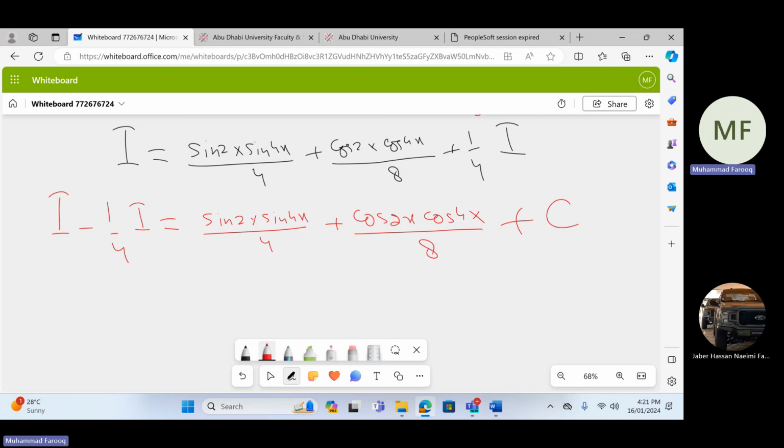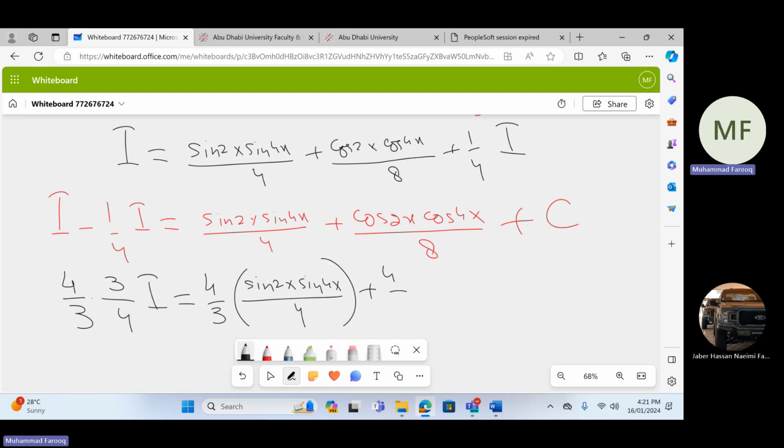Okay, please, how much? 1 minus 1 by 4? 3 by 4. It's 3 over 4 I. Am I right, please? I need only I. What should I do? Multiply both sides by 4, divide by 3. So I need here 4 divided by 3, so that we can get the answer of I, not 3 by 4 I.